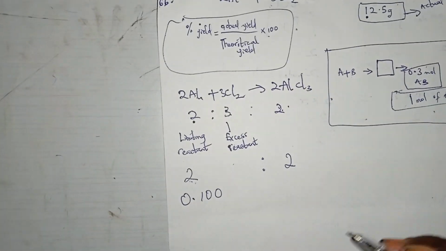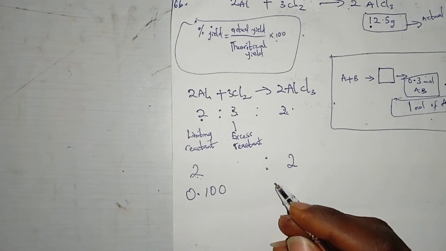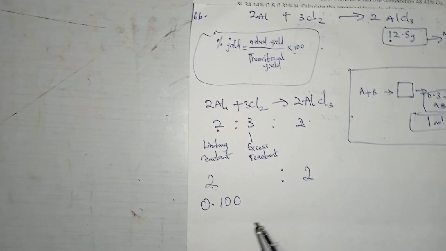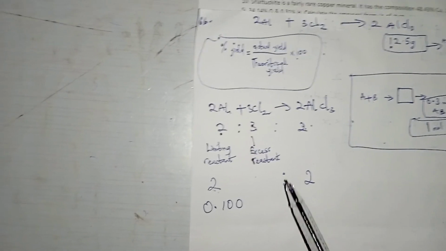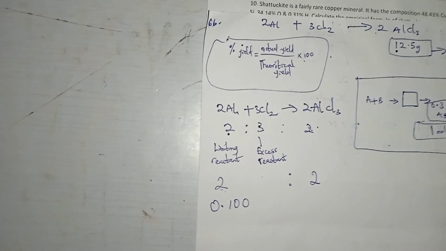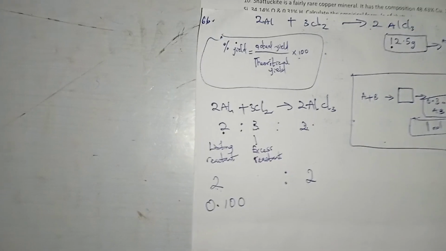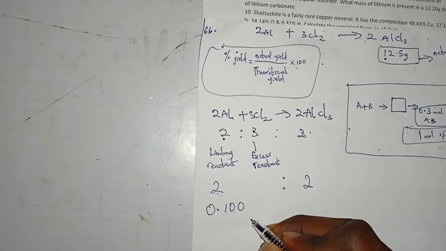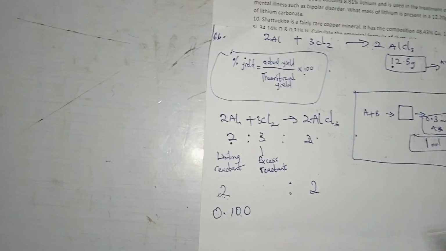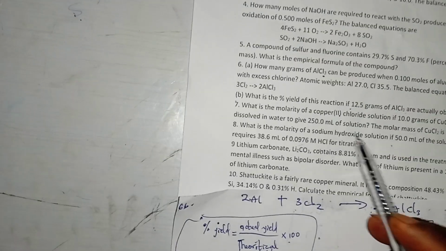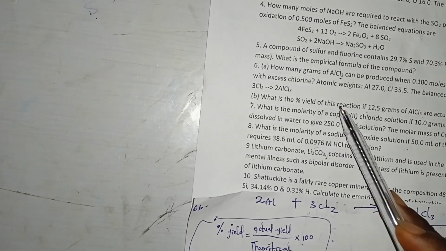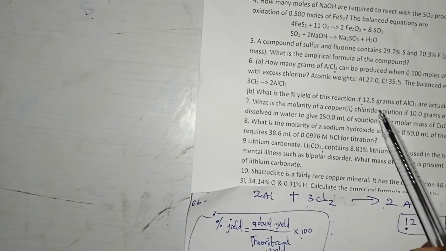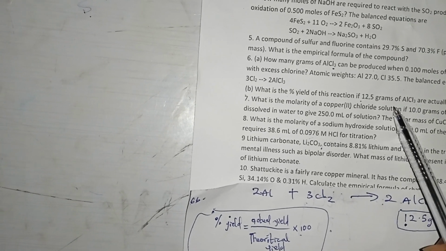0.100. Remember I said, percentage yield, whenever you are doing it, before you start making use of the formula, you must, from the stoichiometric equation, always compare the products with the limiting reactant. So 0.100. Now this 0.100, they said in the question, yielded a product that is 12.5 grams.